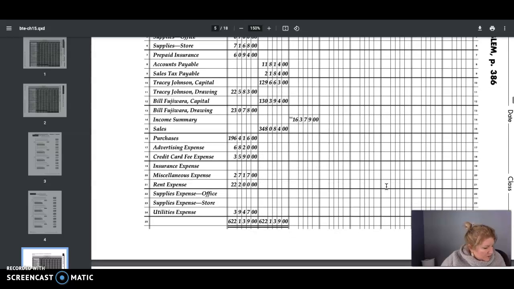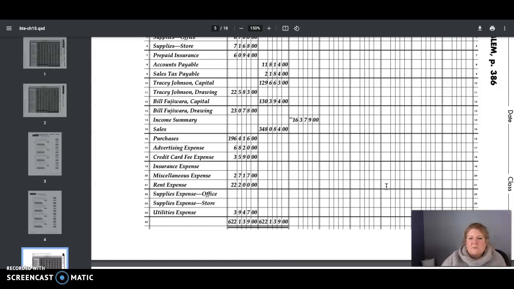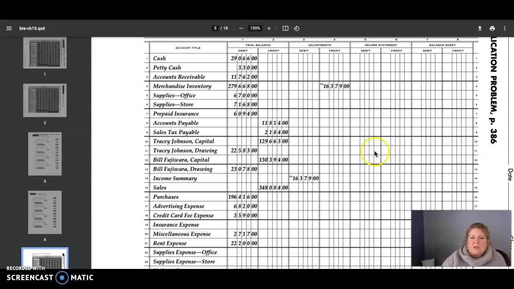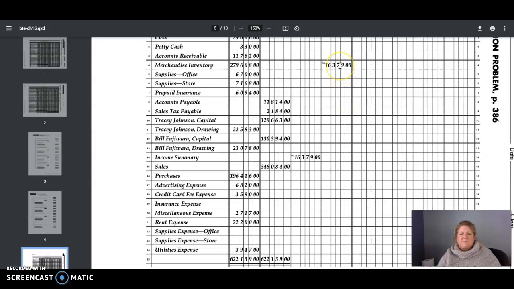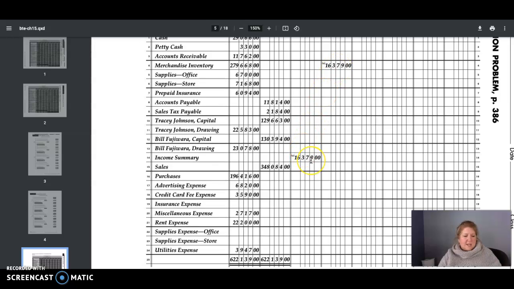And then they had one adjusting entry started for you, and that was for merchandise inventory. So you have the amount we started with, then the book tells you there's another amount, you calculate, and you come up with this as your adjusting entry, 16,379. The credit goes in merchandise inventory, the debit goes in income summary.